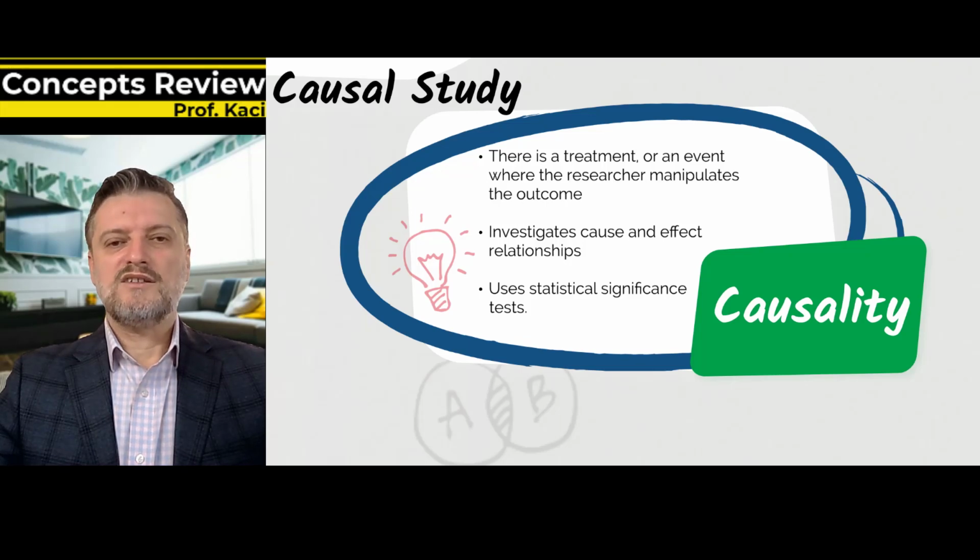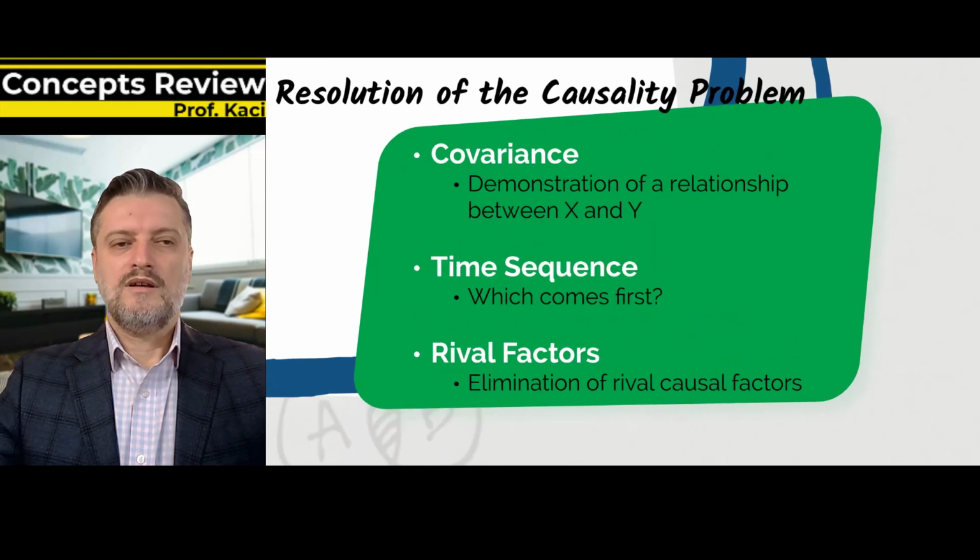This brings us to the issue of causality. The ultimate purpose of all scientific investigation is to isolate, define, and explain the relationship between key variables in order to predict and understand the underlying nature of reality.